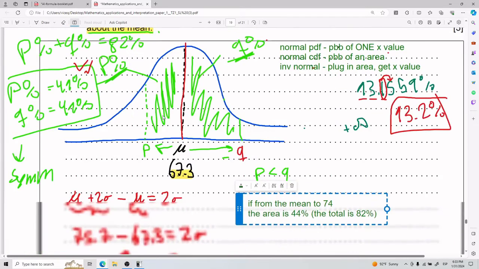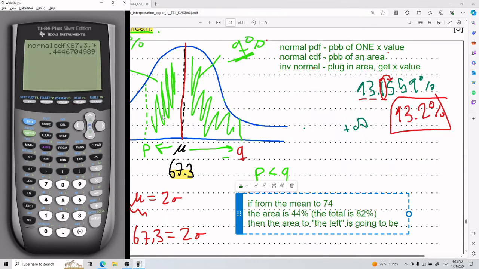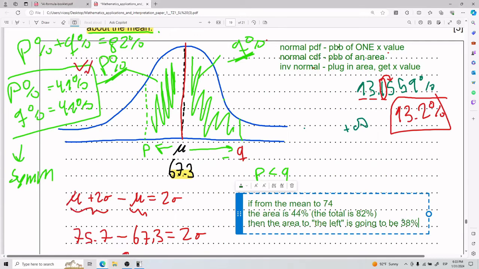From there, 82. Then the area to the left is going to be this 82 minus the 44%, 38%. It is going to be 38%.